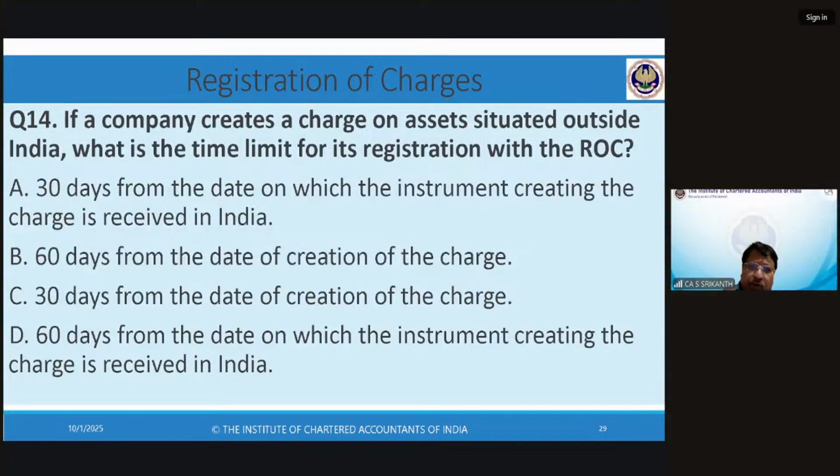I taught this to you, so you cannot say I didn't teach you. The problem is the registration is happening abroad. So the instrument of creating the charge may not come to India within the proper time, even within 30 days. So they tell you within 30 days from the date on which the instrument creating the charge is received in India. Yes, A is the right answer.